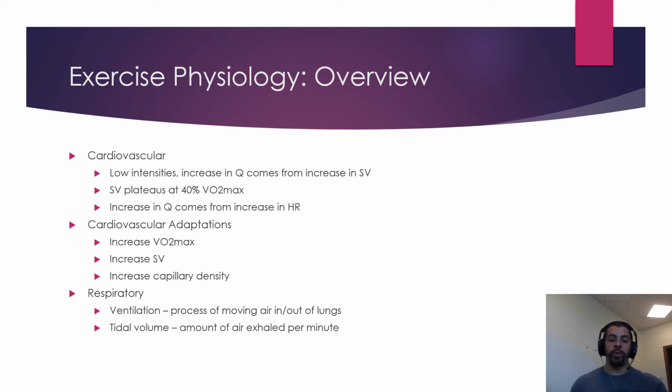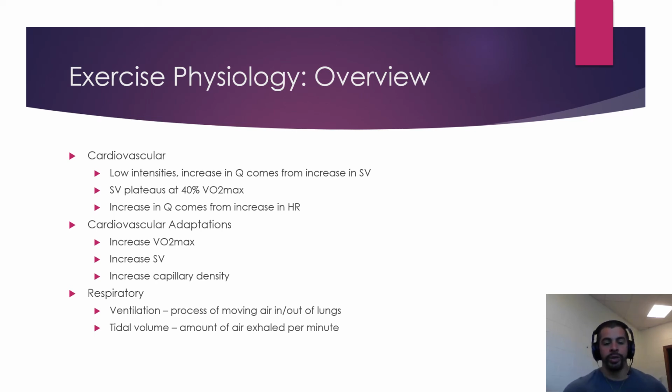If your heart at resting is 70 beats per minute, and then all of a sudden it goes up to 140 beats per minute, it's literally doubled the beats per minute, which should maybe not necessarily double the amount, but it'll come pretty close to doubling the amount of blood pumped per minute just because there's so many more beats.